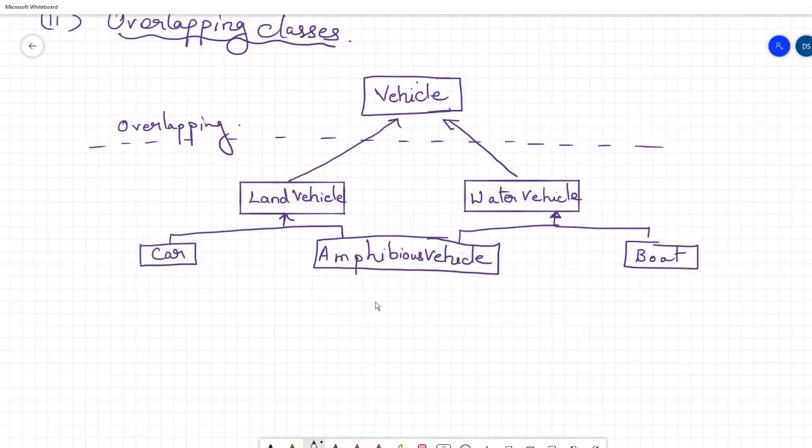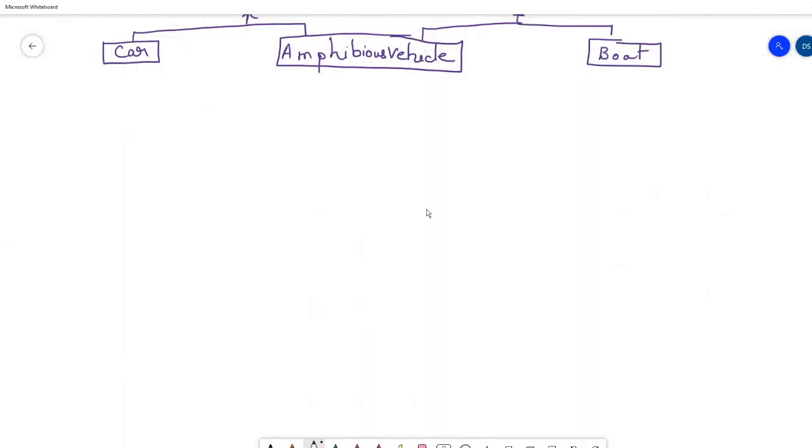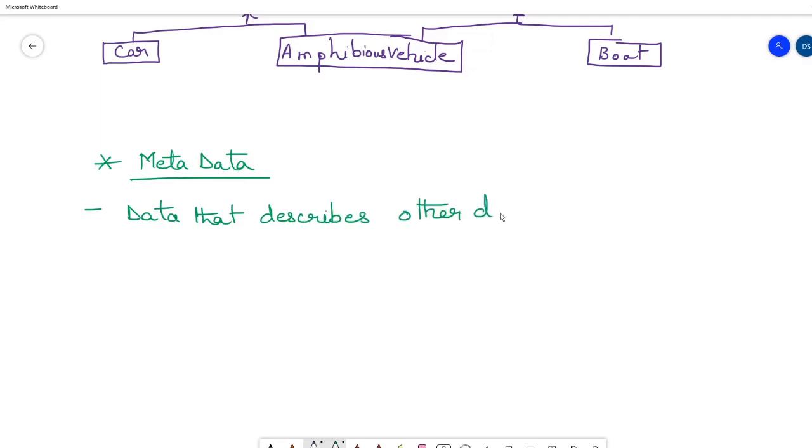Now we'll move ahead with metadata. As we all know, metadata is usually data which describes other data. So it can be stated that it is data that describes other data.